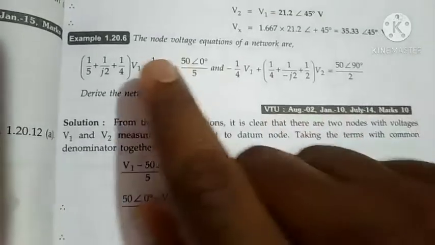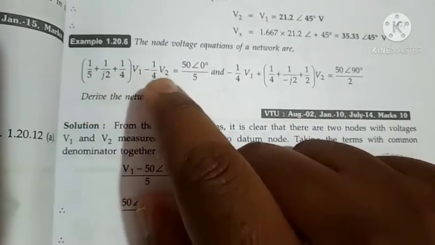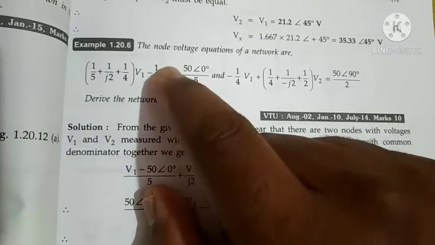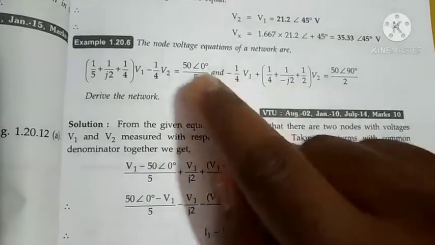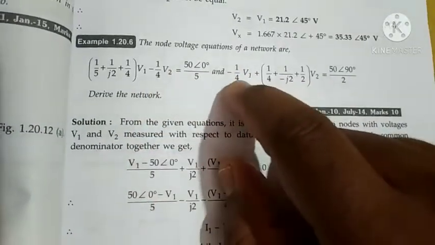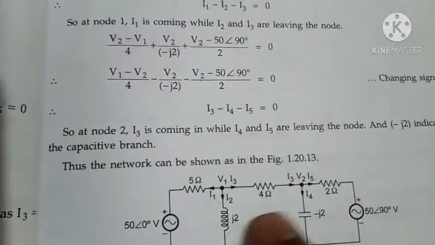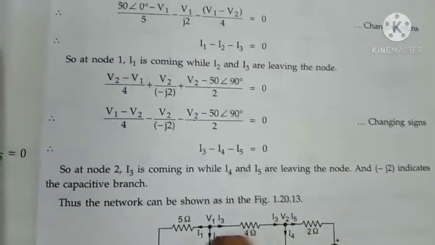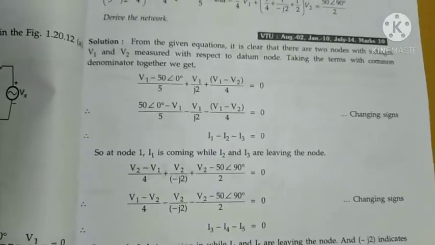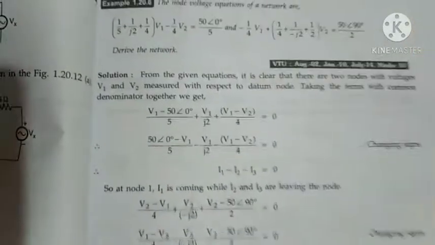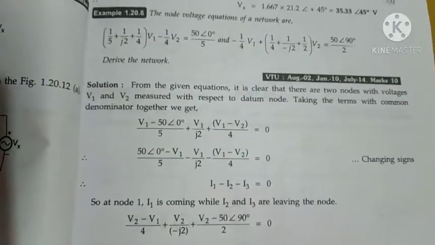In simple words, the element common between V1 and V2 is 1/4, so here also it is −1/4. So first we write the two nodes, and the element connected between V1 and V2 is 4 ohm, because the resistance comes at the bottom.